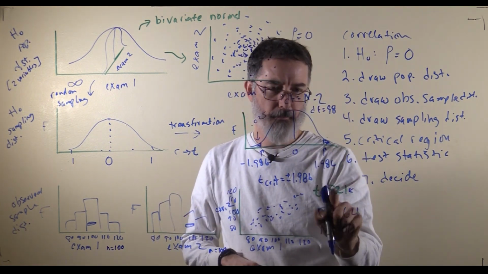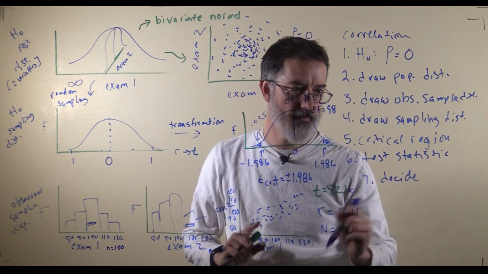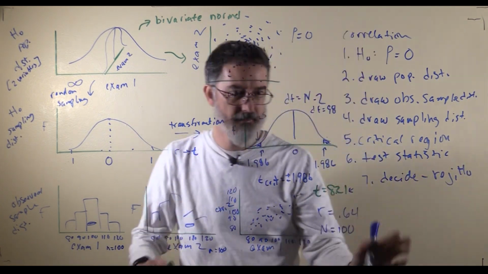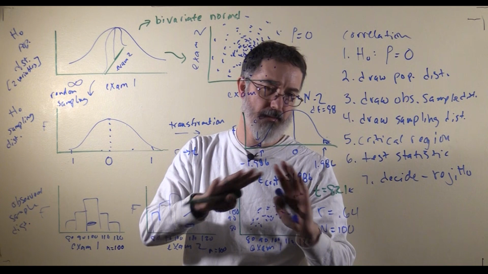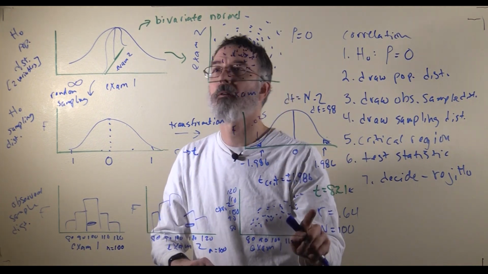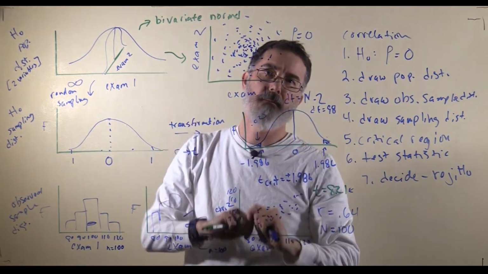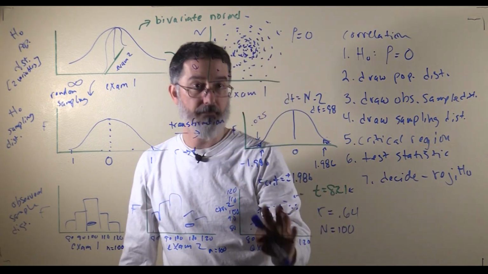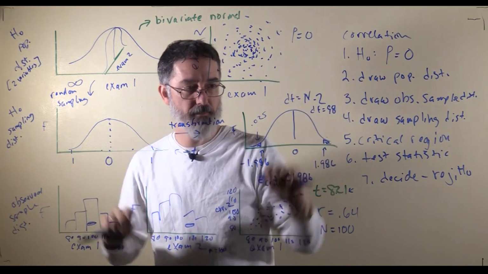Our t-statistic is more extreme than our t-critical, so in this case, we will decide to reject the null hypothesis, which means that we are deciding that our observed sample probably did not come from this population. It probably came from a different population that's not one where there's no correlation between the two variables.